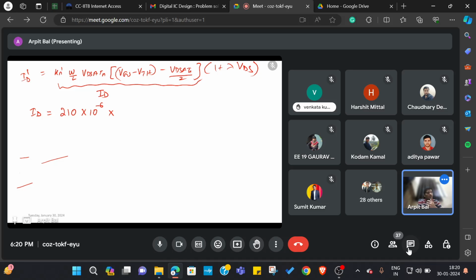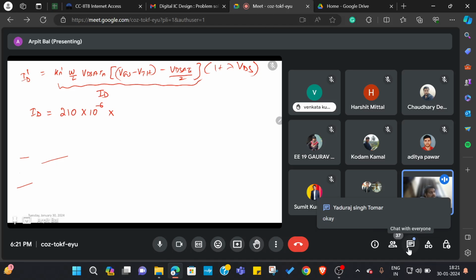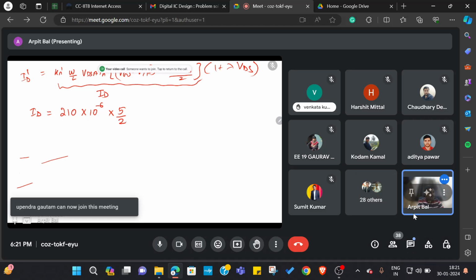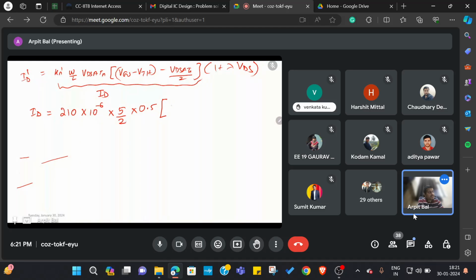So 210 into 10 power minus 6, into the aspect ratio given to us as 5 by 2, into the VDSAT n of 0.5, into VGS minus VTH that we found to be 0.54 minus VDSAT n by 2, is equal to 210 into 10 power minus 6 into 2.5 into 0.5 into 0.29, which is 76.125 microamps.